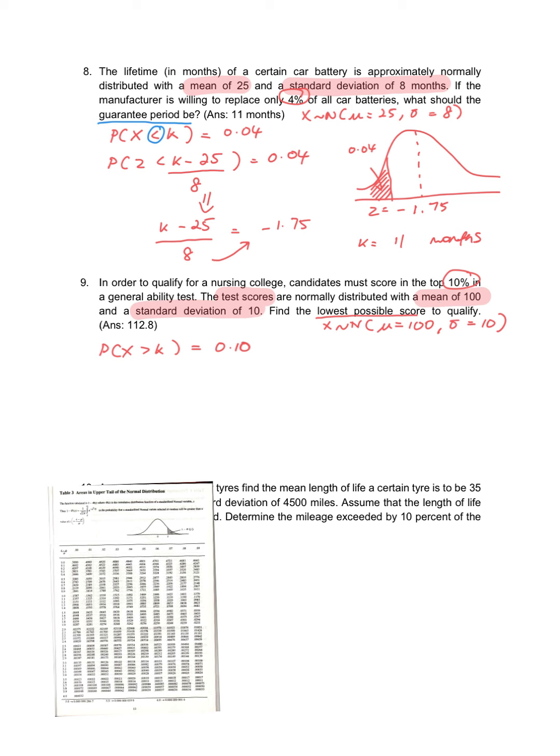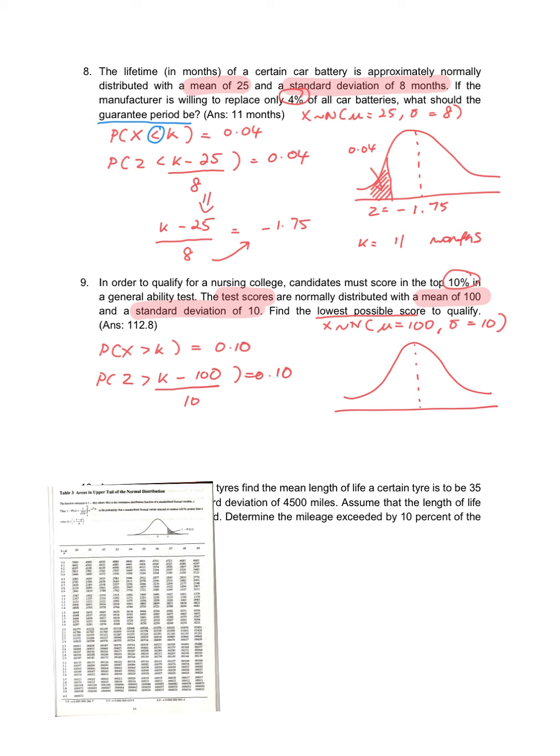Okay, so we can convert X into the Z. So we can write as P Z greater than K minus mu, mu is 100, over 10 equals to 0.1. So we need to find what are the Z value for the probability given. Okay, look at the sign.